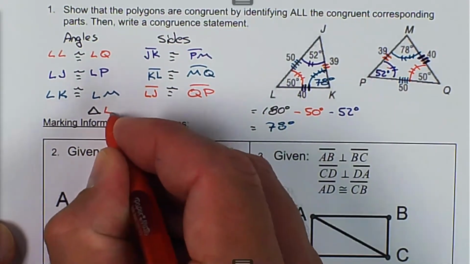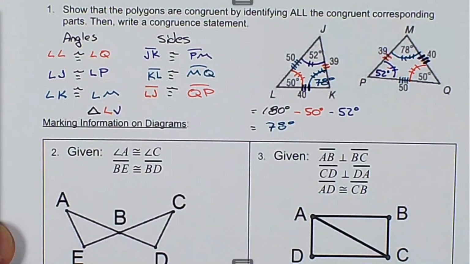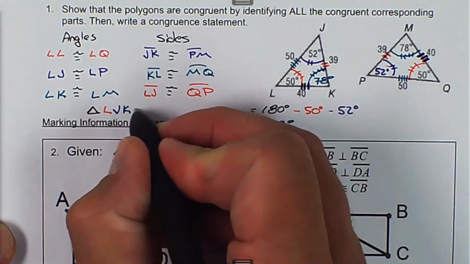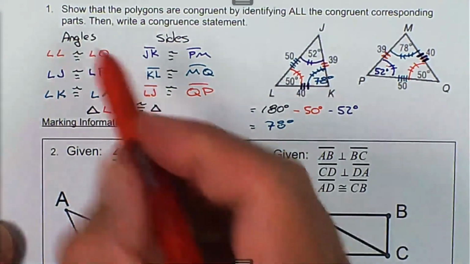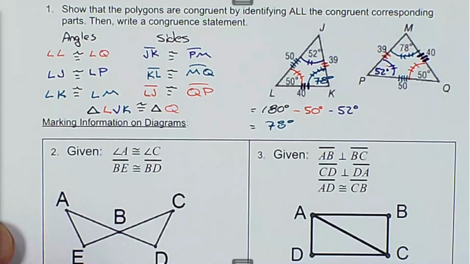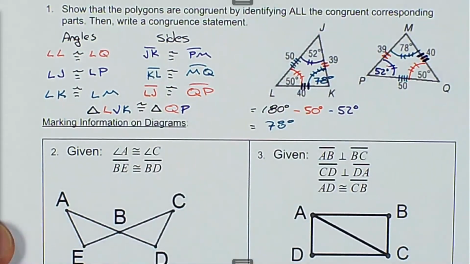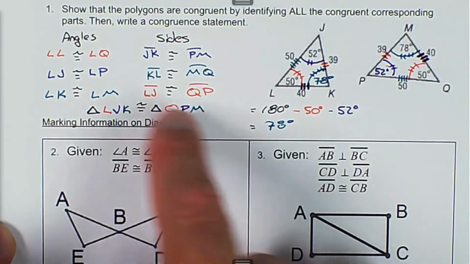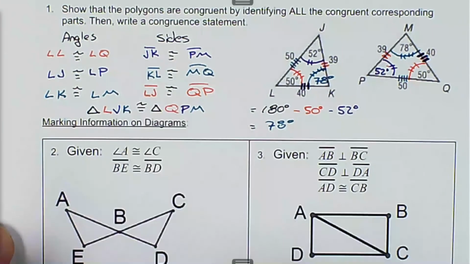So L, J, K, and that is going to be congruent to triangle, and I'm just going to repeat it: Q, P, M. So triangle LJK is congruent to triangle QPM. So we have 3 angle congruence statements, 3 side congruence statements, and 1 triangle congruence statement.